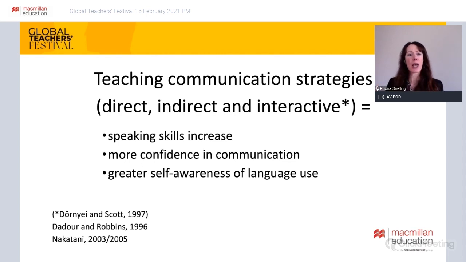Both increased communication strategy use, and both also increased awareness in the students. They took responsibility for what they were learning. They became a lot more aware of the language they were using and the new language they put into practice, and it absolutely works. So please, please go for it. Include them in your lessons as much as you can.